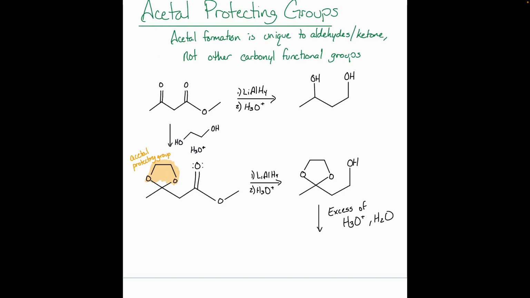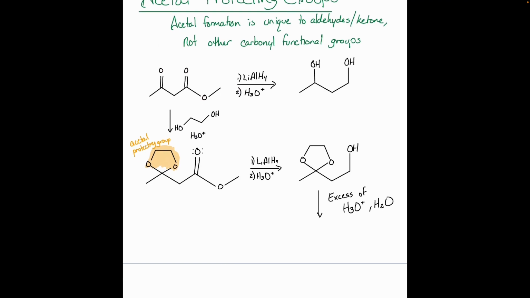That'll help push the reaction back towards just the ketone, or effectively remove that protecting group and replace it with our original functional group. Okay, so in this way we can selectively reduce only one of those two carbonyl groups.